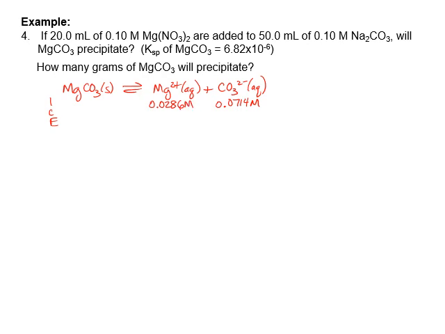We've already seen that this reaction will have to proceed in the reverse direction to reach equilibrium. So we would have minus x for each of our products. We're not showing values for the magnesium carbonate because it's a solid. We could set up a KSP expression.